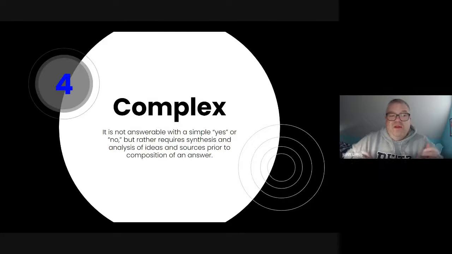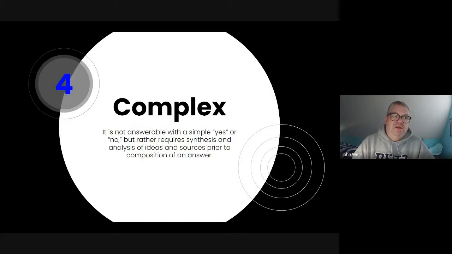Then, and I know this sounds counterintuitive because we just said it has to be focused, right? So it's narrowed down to something very specific, but we don't want it to be so simple that it's a yes or no. We don't want it to be so simple that I can do a little bit of research and just answer this question, because it does involve you looking at the information, analyzing what you find, synthesizing information, and creating an answer, right?